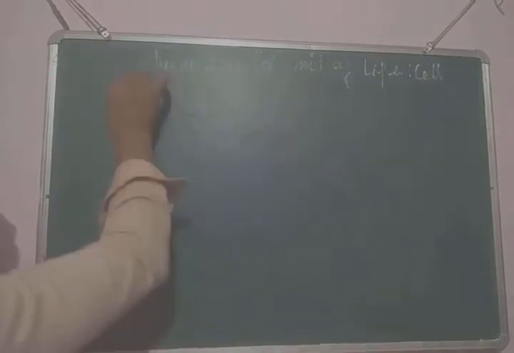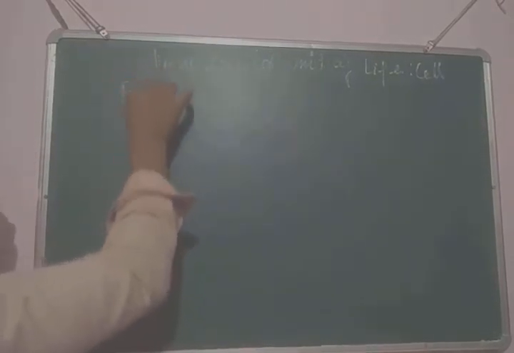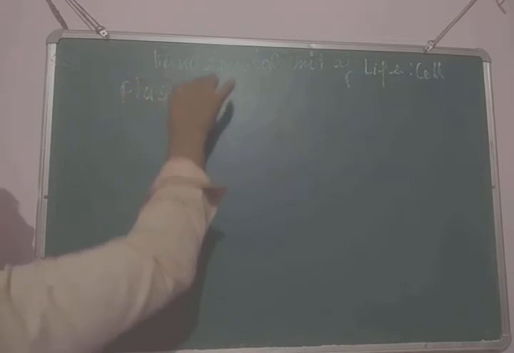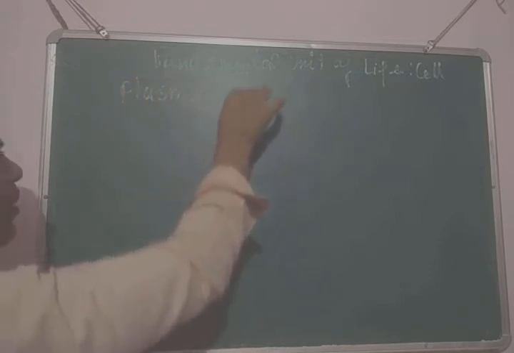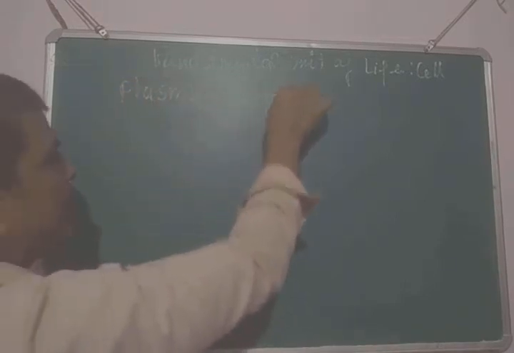You studied many more things in this chapter. Today I will explain a component of the cell that is called the plasma membrane.